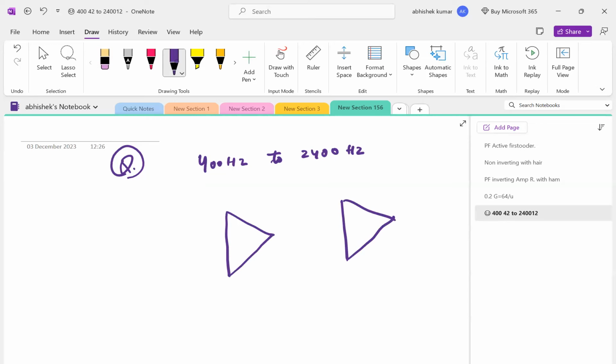Non-inverting means our filter will not invert.